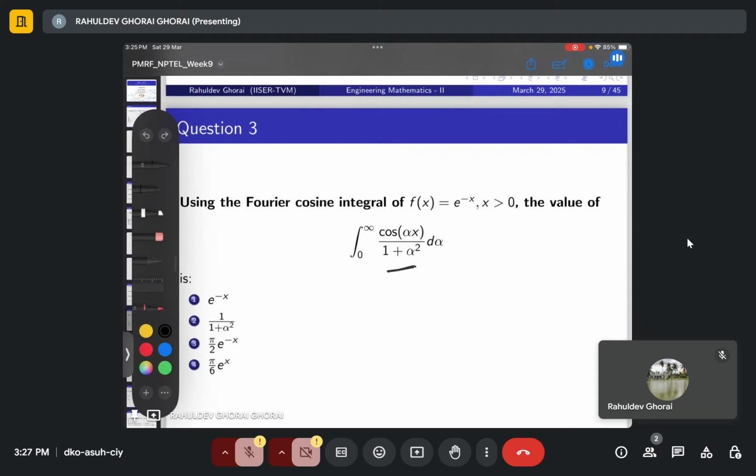That's why you can use the Fourier cosine integral and then find out the... most probably this A(alpha) should be 1 over 1 plus alpha square, right? Then it will be A(alpha) cos alpha x. You need to find that from 0 to infinity, right?